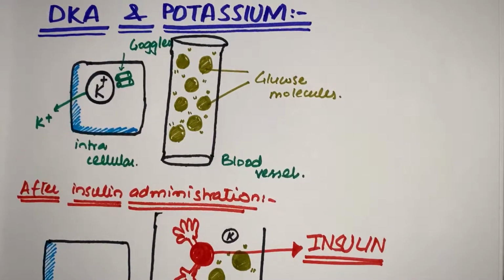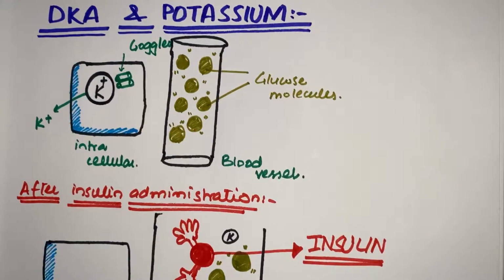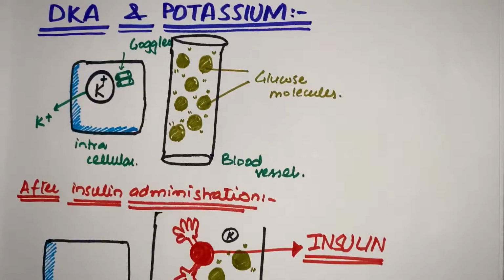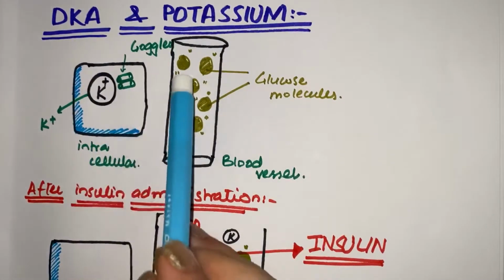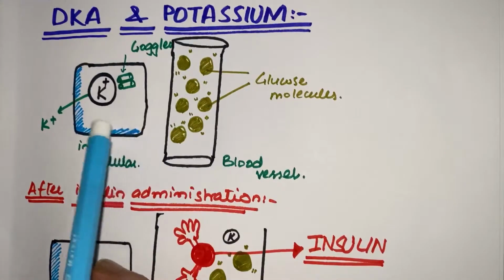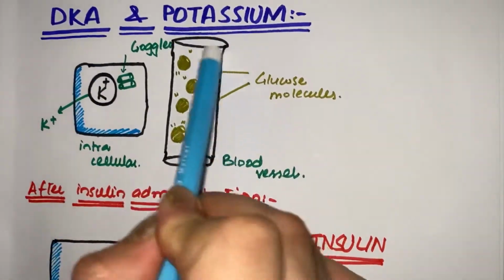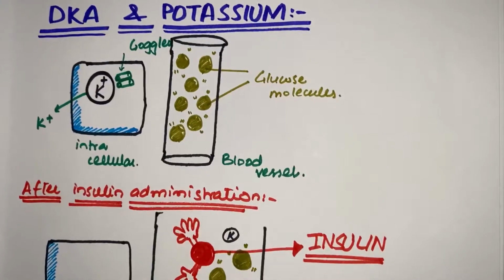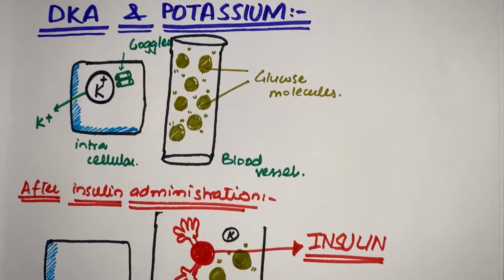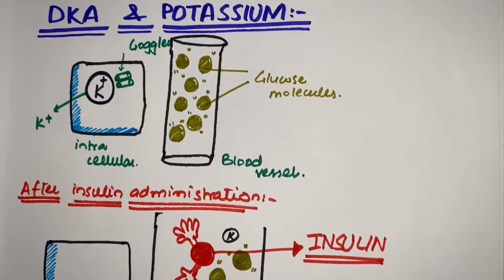There is some mess there, or something very interesting going on, because now some new molecules are present within the blood. So the potassium moves out of the cell just to look at what kind of circus is being created in the blood vessel. It has that curiosity: let me just check what is happening.